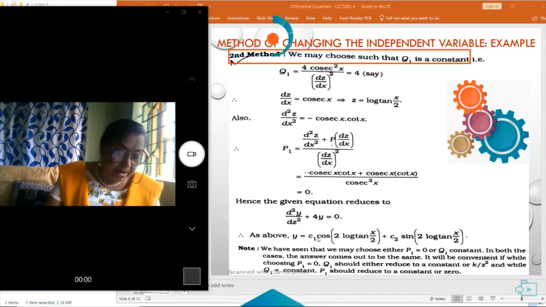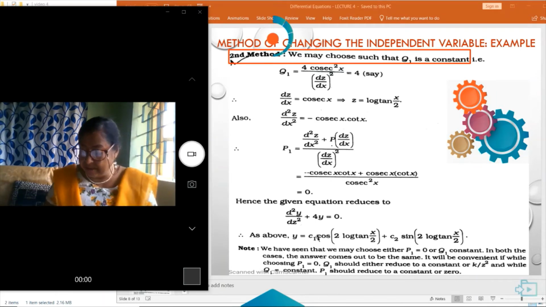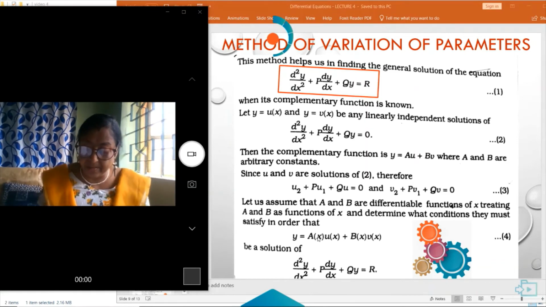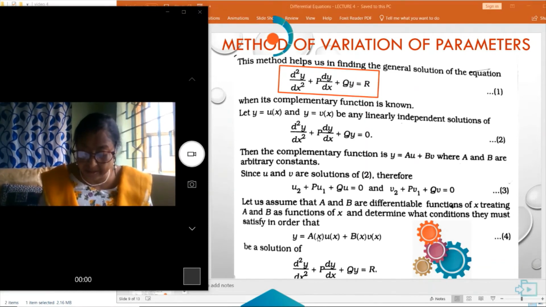Now we will talk about the variation of parameters for the second order equation d2y/dx^2 plus p dy/dx plus qy is equal to r. Let y is equal to u(x) and y is equal to v(x) be any linearly independent solutions of this equation.